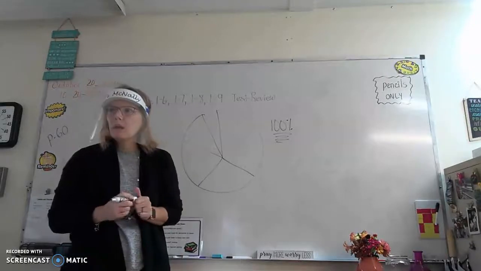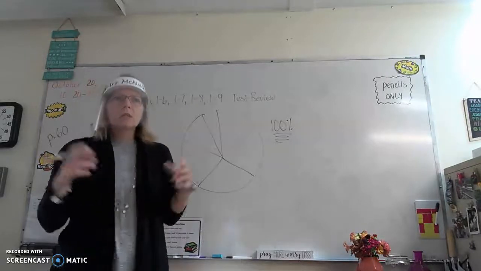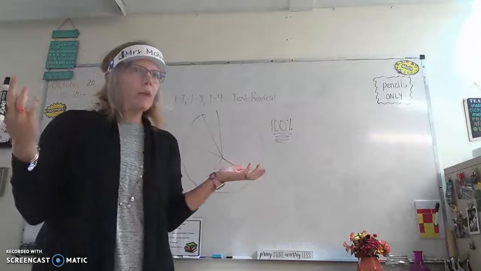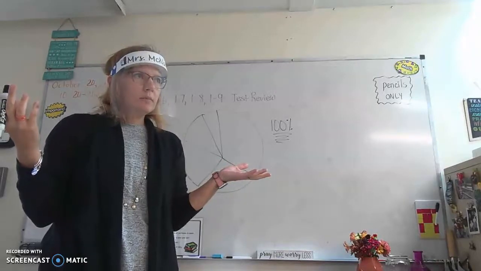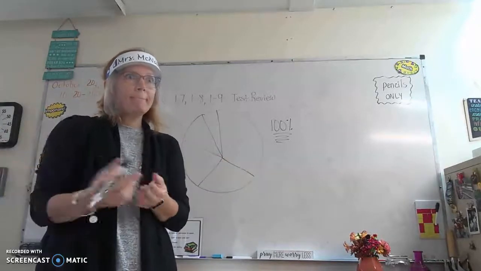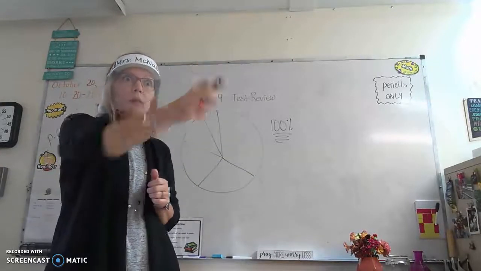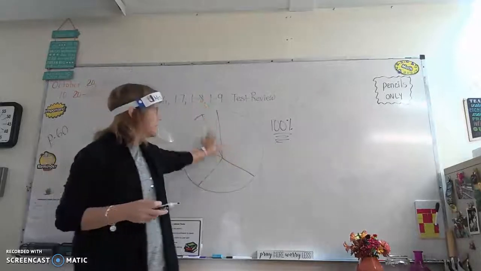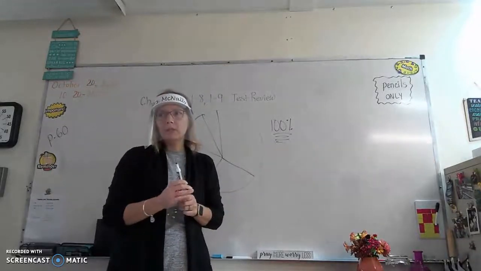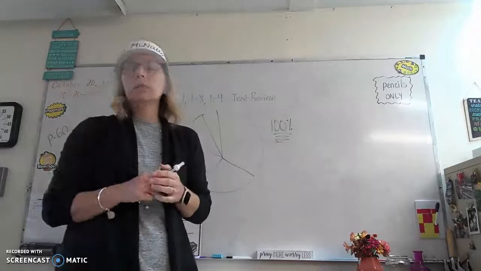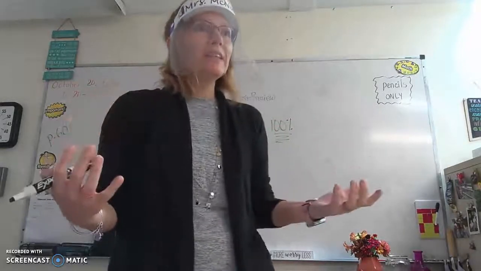If it's more than 100, then what about the information in the graph? It's not correct. If it equals less than 100, what about the information in the graph? It's not correct either. It's called not being valid.